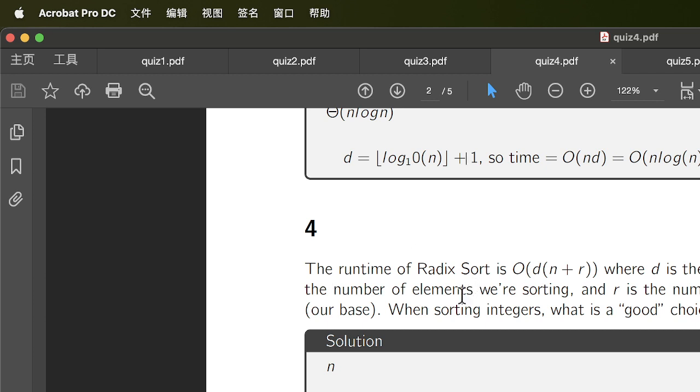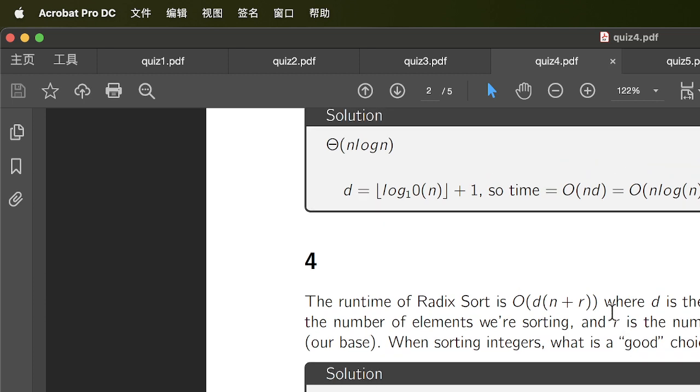And when sorting integers, what is a good choice of r? So the answer is n, because it's compared with other choices, 2, 10, and n squared. Because we already know this equation, right? When we put 2, 10, or n squared here, and also n, we can get the best running time when we use n.